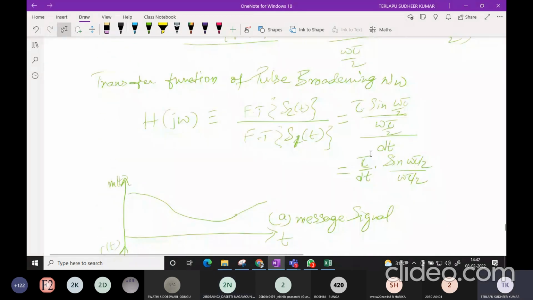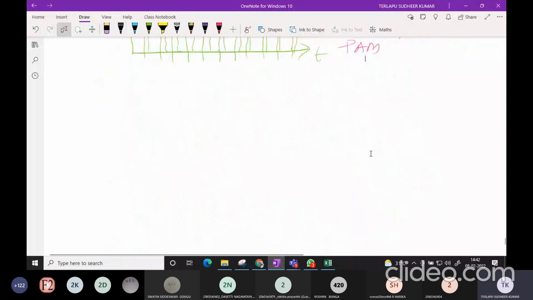having seen the flat top sample signal, let us move to the very next topic called how to demodulate. Demodulation of PAM.